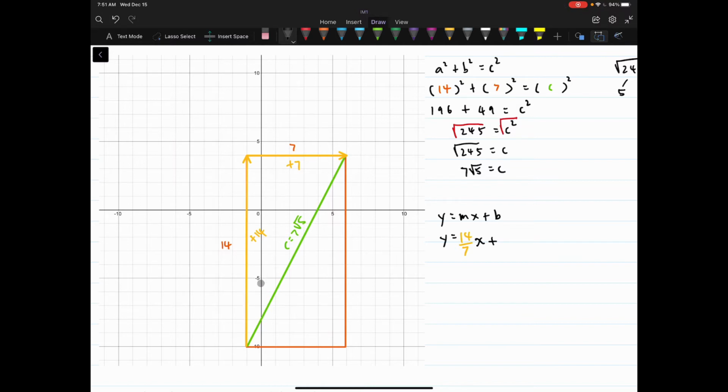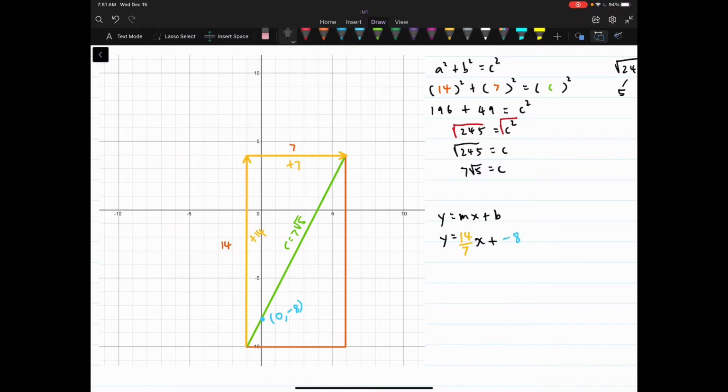So let's take a look. -5, -6, -7, -8. So that point right there is (0, -8). Actually, I'm going to do that in blue. So it's going to be right there. (0, -8). And then my b is going to be -8.